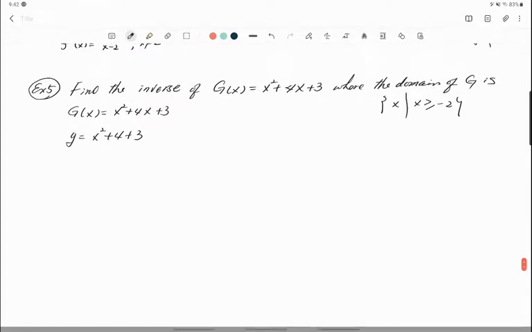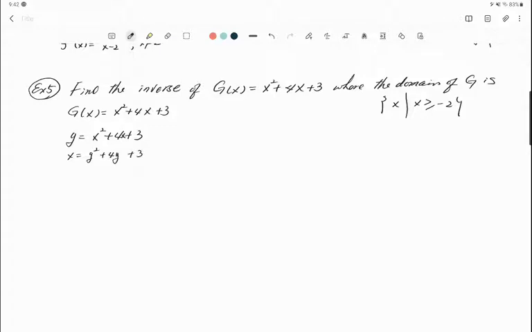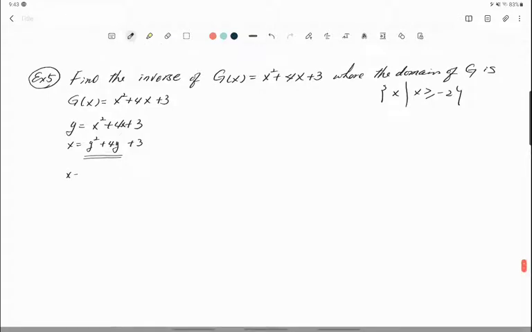Interchange x and y. Right, so this will be x equals y squared plus 4y plus 3. Now we will use this y squared and y term to make a perfect square. Do you remember writing a perfect square? Okay. So let's try that one.